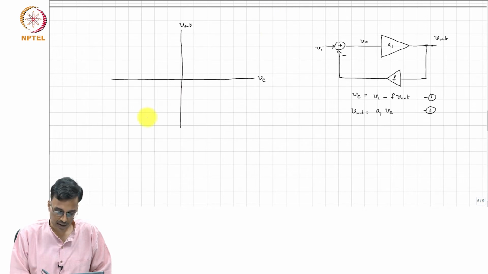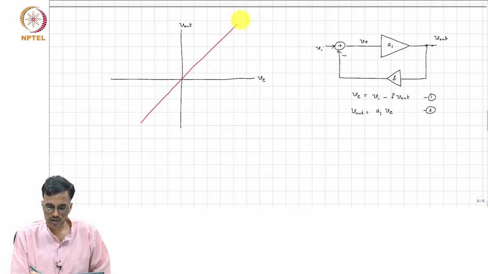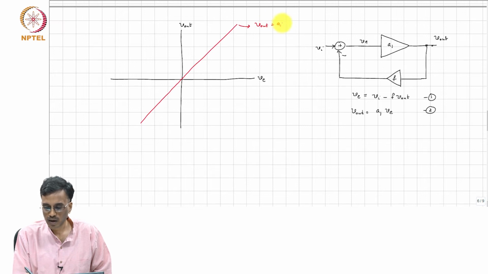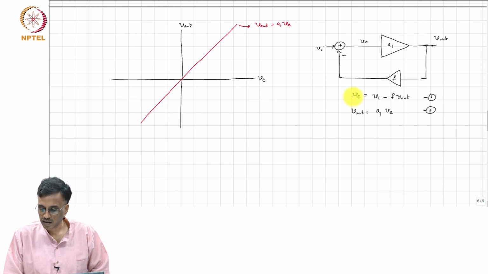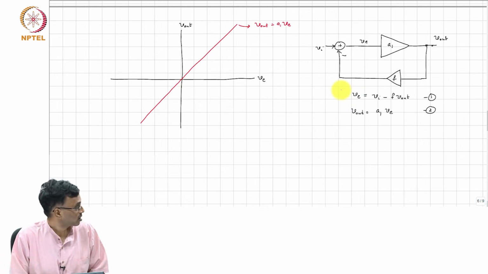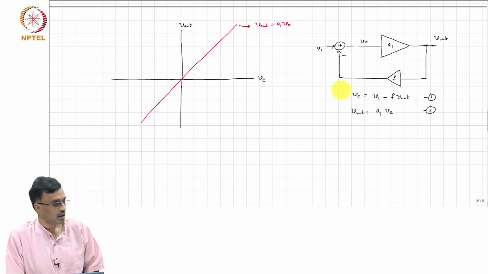V out is A1 times VE. That is nothing but a straight line with a slope A1, correct. What about the other equation? How do you plot that?